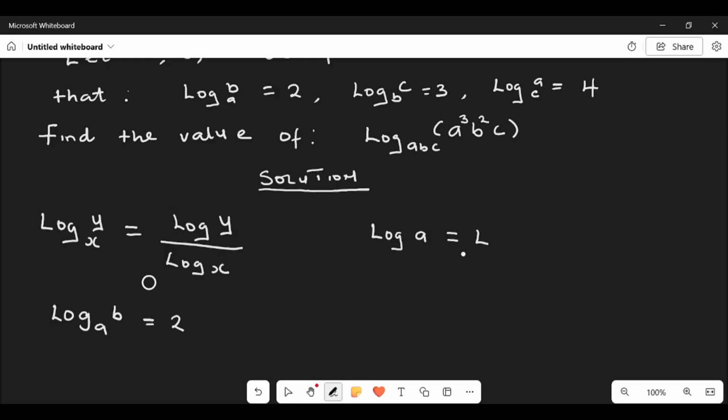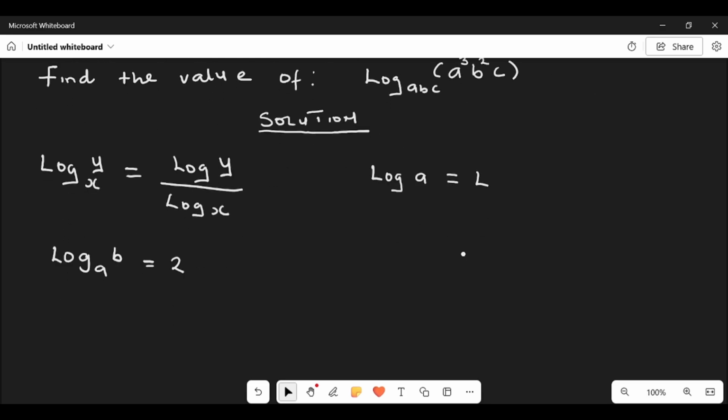Using this format, we can say that log B base A is log B over log A equal to 2.